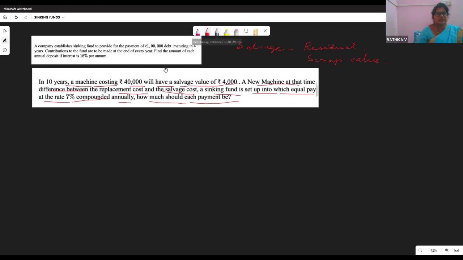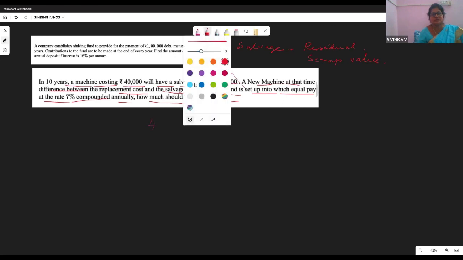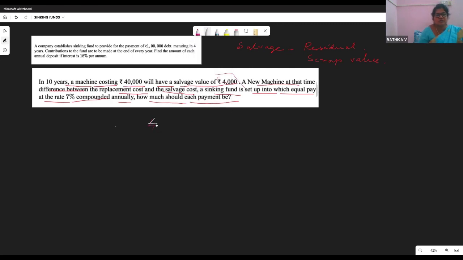So here the salvage value is given as 4,000. What is the meaning of that? We are replacing this after 10 years, we want to buy a new machine. The machine costs 40,000 rupees, and in that there is a 4,000 rupees salvage value. So 4,000 is to be subtracted here.